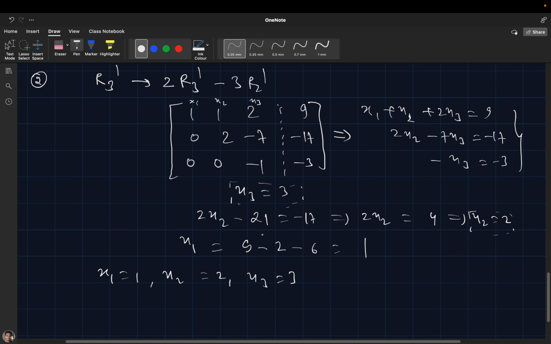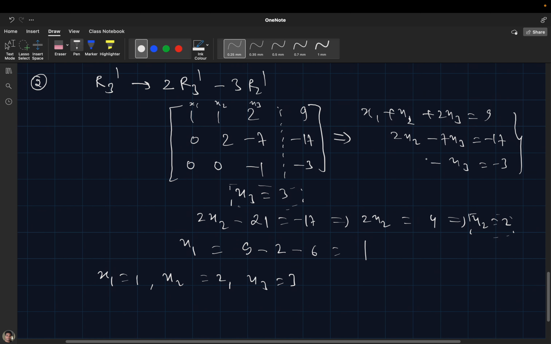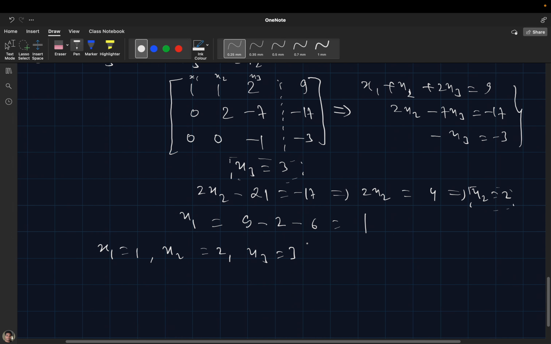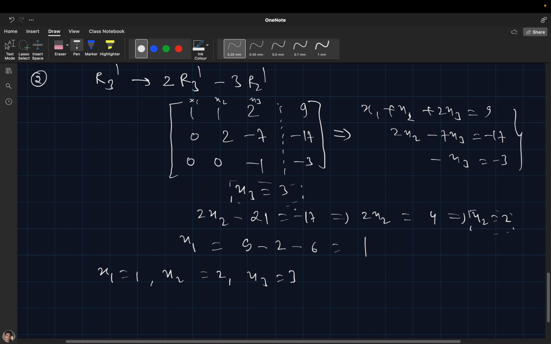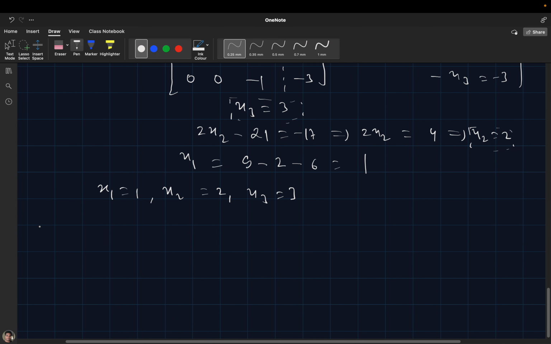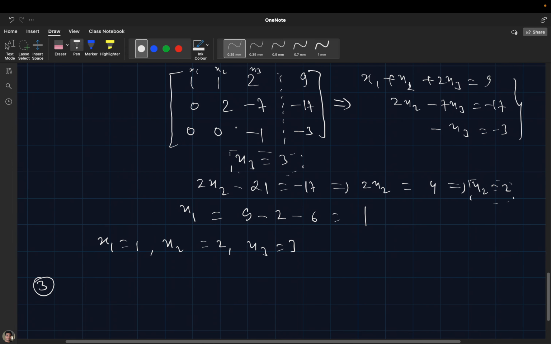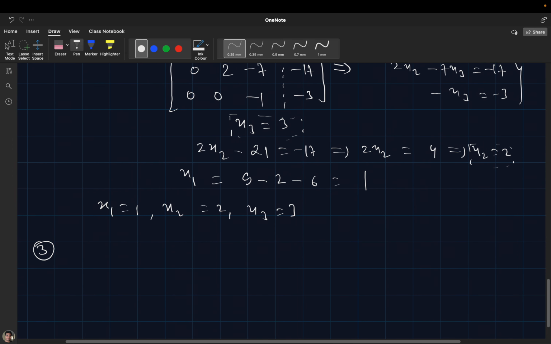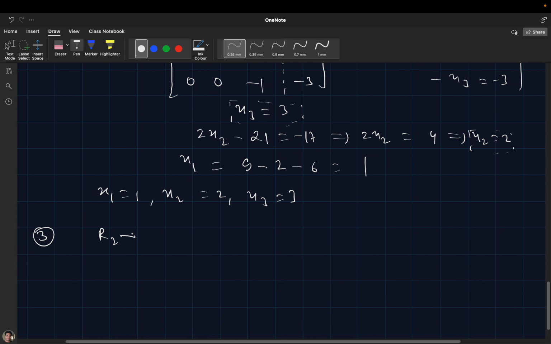But the thing is, I am not doing this. I will move further and do many more operations. I will divide the second row by 2, R2 by 2. You can also write double dash or leave it as it is, it doesn't matter.